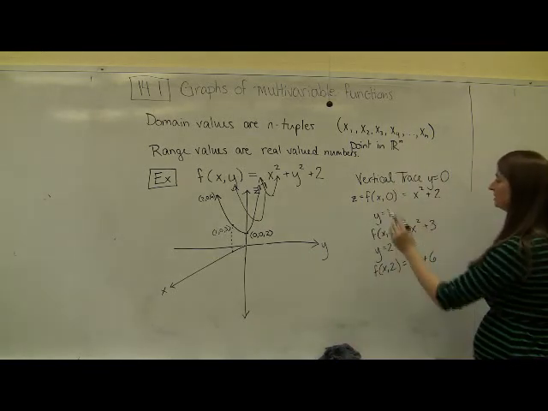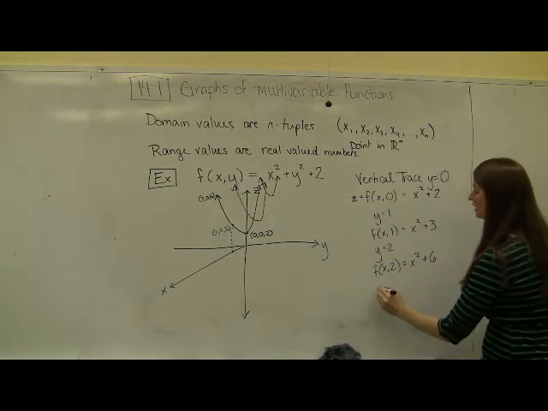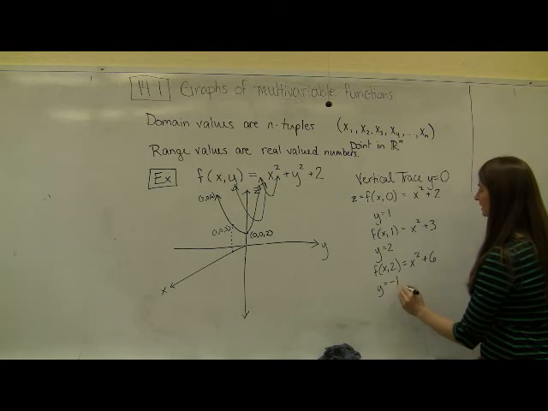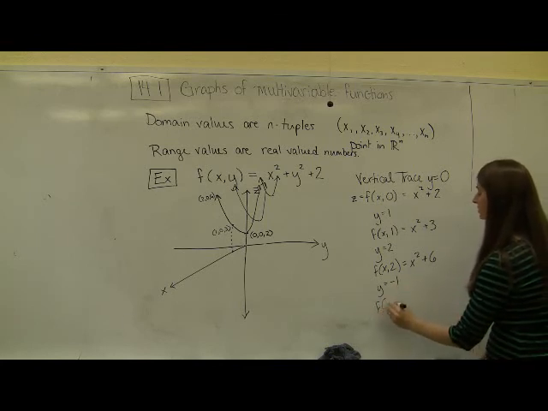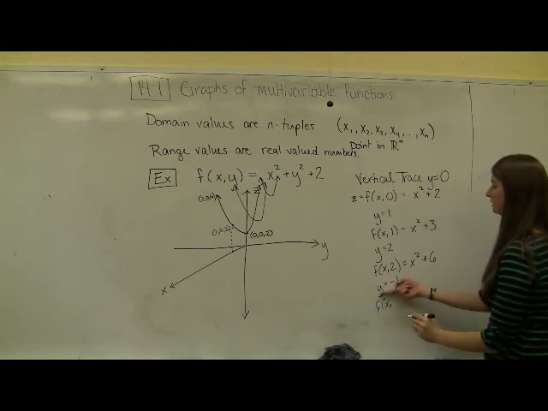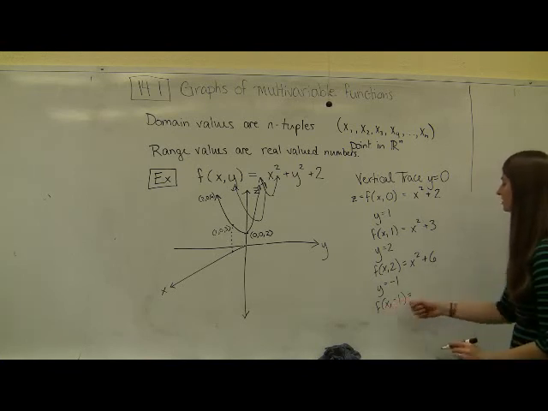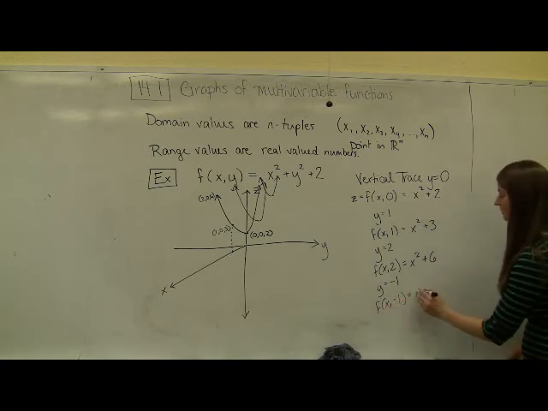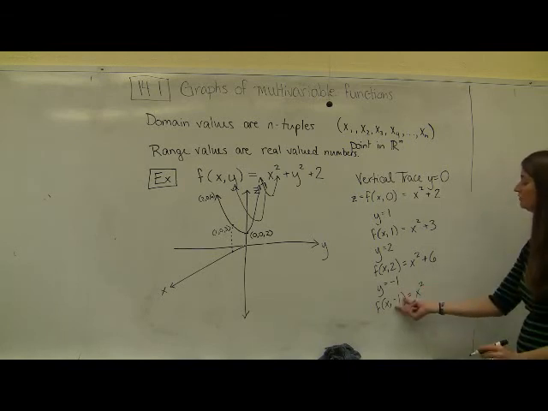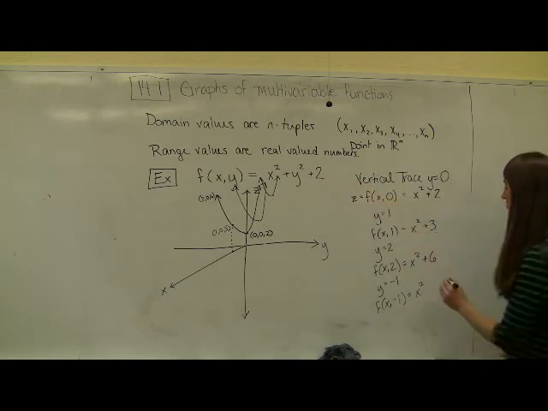Just for the sake of completion, let's look at what happens when y equals -1. That means that I'm looking at the trace along the plane y equals -1, and the relationship between the x variable and the z variable is given by x squared plus -1 squared. -1 squared is +1, plus 2 is 3.